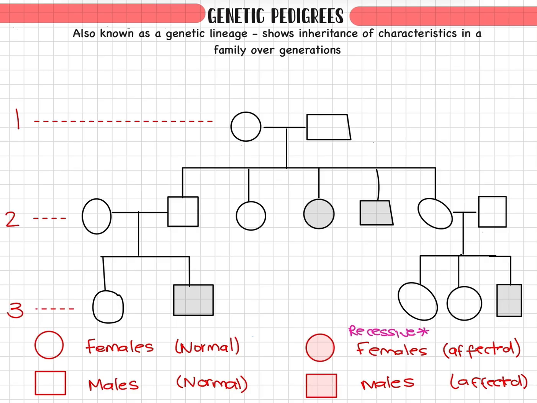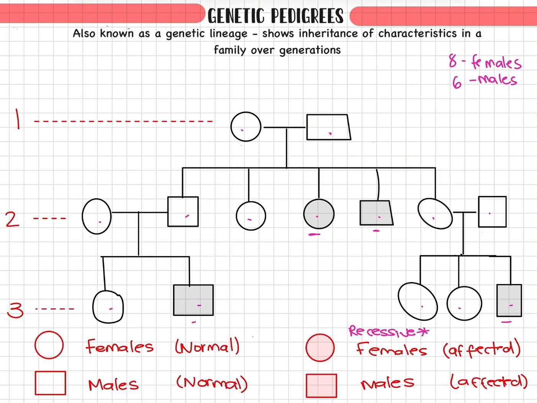Next, you will count the number of females and the number of males. In this case, we have 8 females as well as 6 males. You'll then have to check how many females are affected as well as how many males are affected.